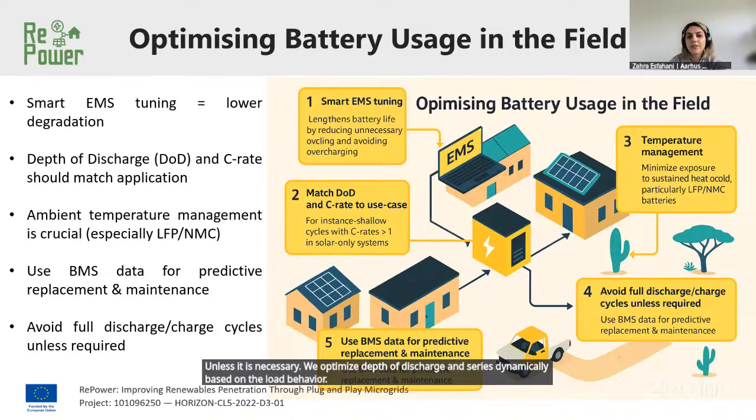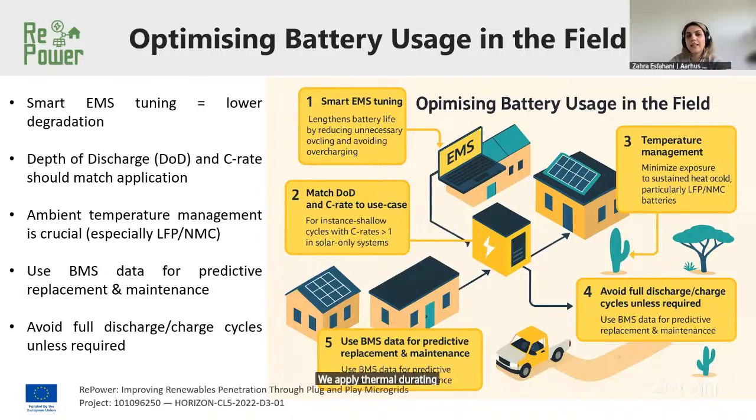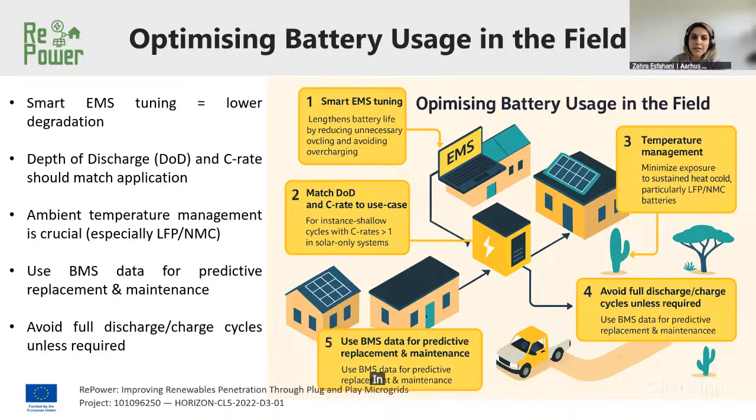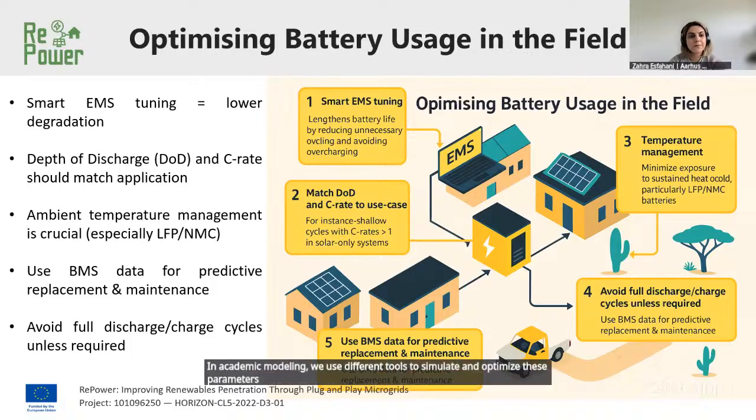We apply thermal derating and ensure adequate ventilation or insulation. And we also need to use energy management system and battery management system data for adaptive scheduling, maintenance forecasting, and degradation tracking. In academic modeling, we use different tools to simulate and optimize these parameters in advance.